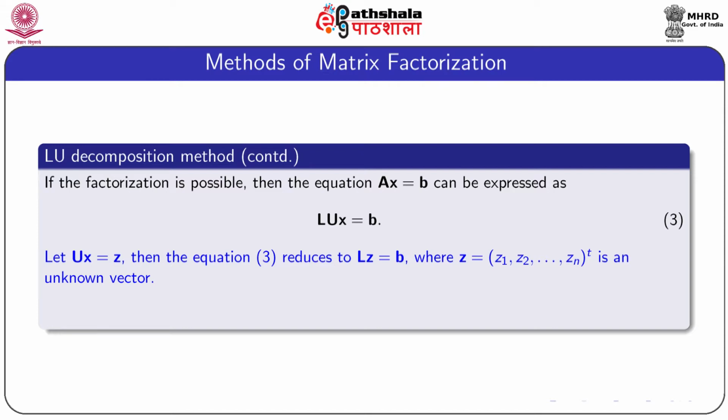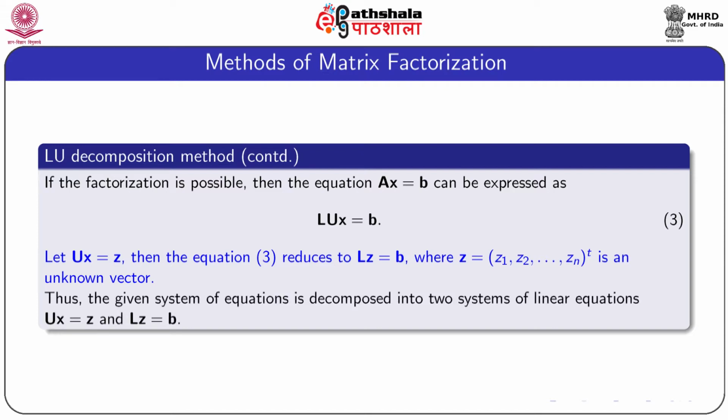But this solution vector is unknown. Thus, the given system of equations is decomposed into two systems of linear equations. The first one is Ux equal to z, where z is an unknown quantity, and Lz equal to b, where z is the unknown vector. So, we can solve these two systems of equations starting from the second equation, and finally we obtain the solution of the original system of equations.